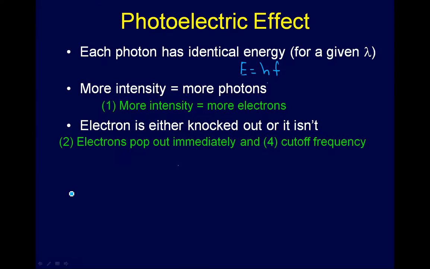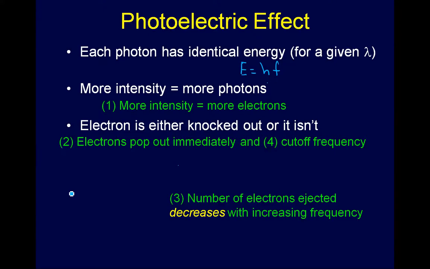Another very curious thing that this model explains is one of our experimental results: the number of electrons ejected decreases with increasing frequency. This is really weird. One thing I should be clear about is that this is if the intensity is held constant. In this experiment, you can hold the intensity constant and adjust only the frequency.